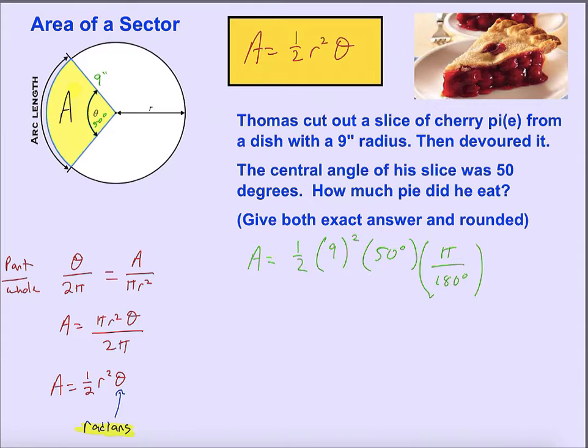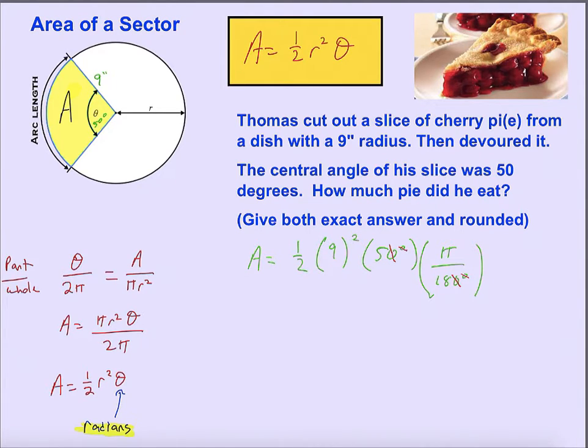And now we'll just do whatever simplifying and canceling we can. Let's see. The degrees cancel. That's an important start. 50 over 180, we can cancel out those zeros. Make our numbers a little bit more manageable. We've got 9 squared in the numerator, 18 in the denominator.